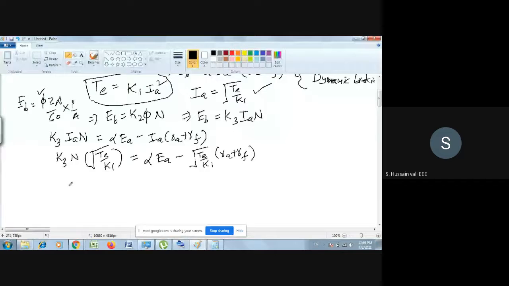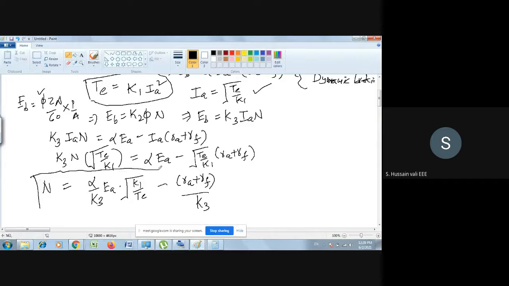N is equal to alpha by K3 into EA into square root of K1 by TE, minus, both get cancelled, RA plus RF by K3. This is the relationship between speed and torque.